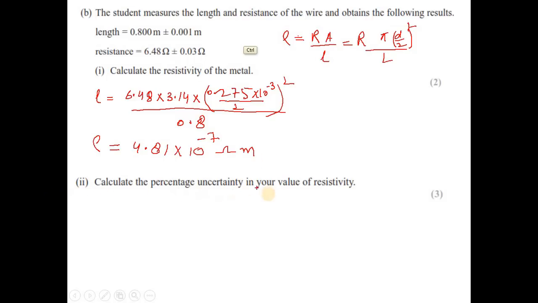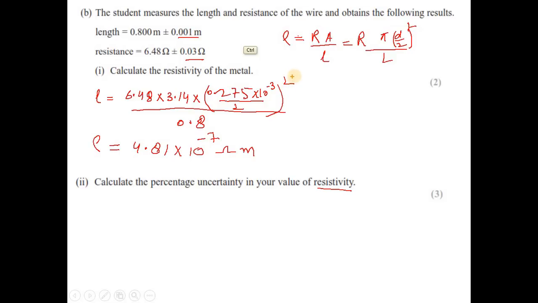Calculate the percentage uncertainty in your value of resistivity. So we need to find the percentage uncertainty in the resistivity, and if you see the formula for resistivity, the formula involves resistance, area, and the length, and all the three quantities have their own uncertainty in their measurement.